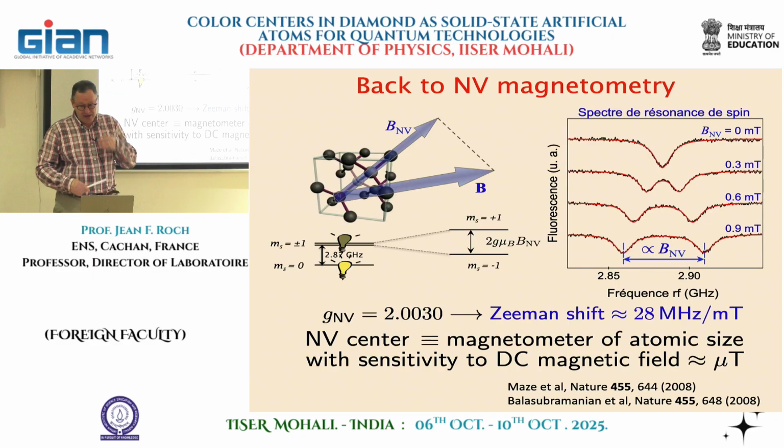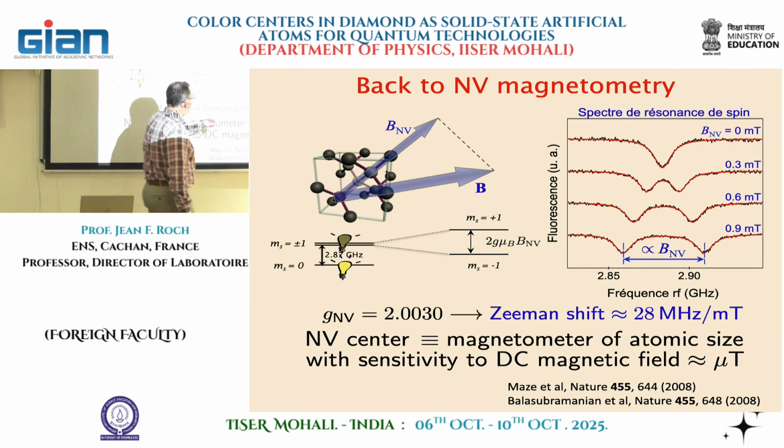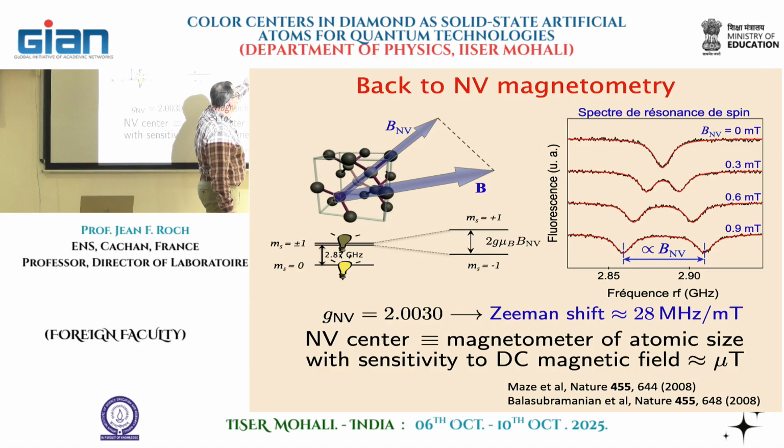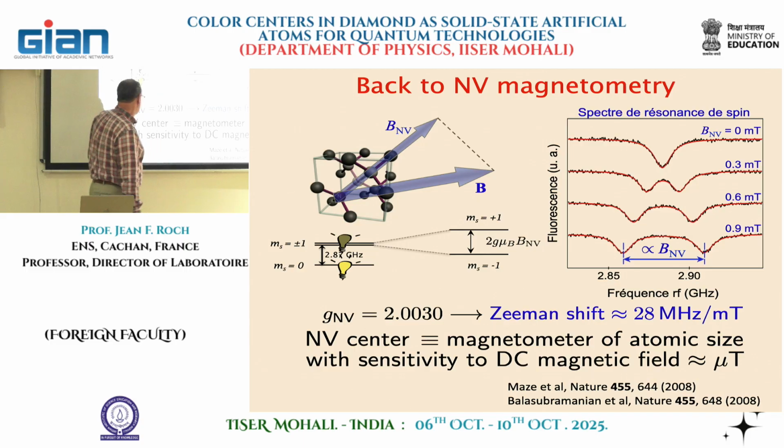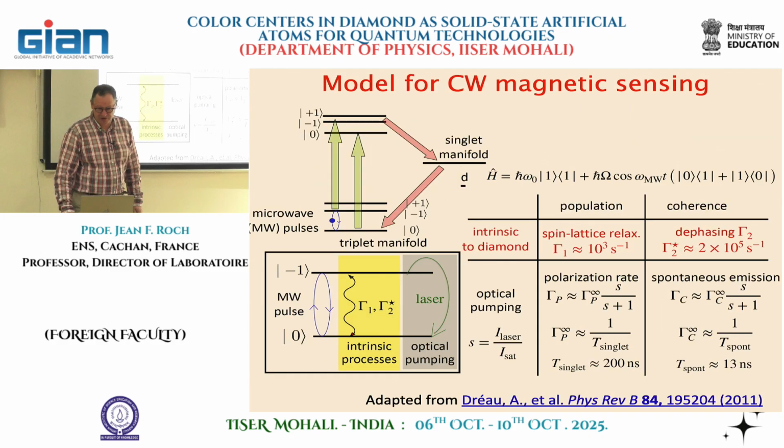Okay, now I just want to give a small hint about NV magnetometry. What matters in all our experiments is the width of those peaks. Okay. And the signal to noise associated with the width of those peaks. And that depends on different factors.